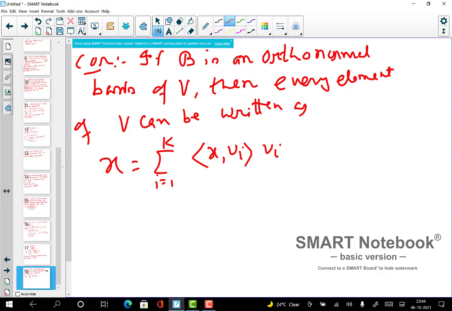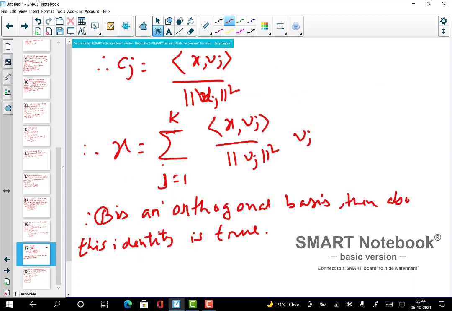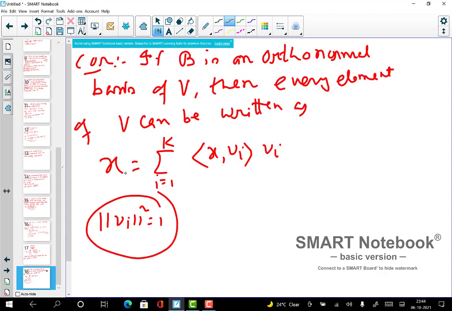If B is not finite dimensional, then it will have some finite k. This is obvious because orthonormal means the norm of vi is 1. All the norms are 1, and the norm square is also 1. So from the previous theorem, the denominator will be 1, and then this is done. This is obvious, right?